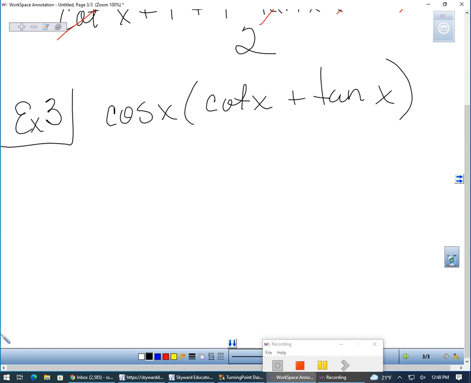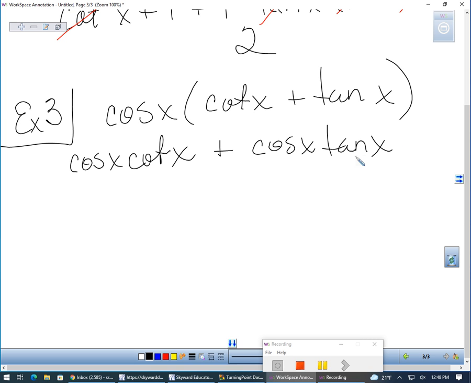Looking at this, we can't use Pythagorean identities because nothing's squared, right? So let's start by getting rid of the parentheses. We're going to have to get rid of them anyway, so shall we distribute? Okay. So cosine times cotangent is cosine cotangent, plus cosine times tangent is cosine tangent.